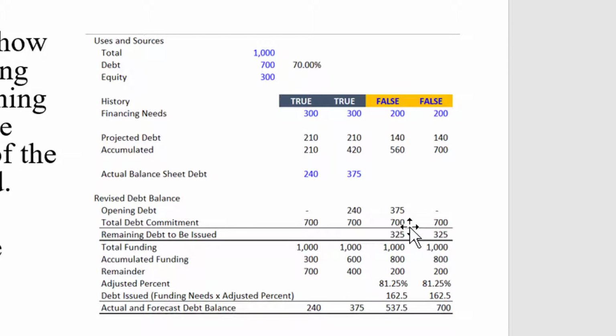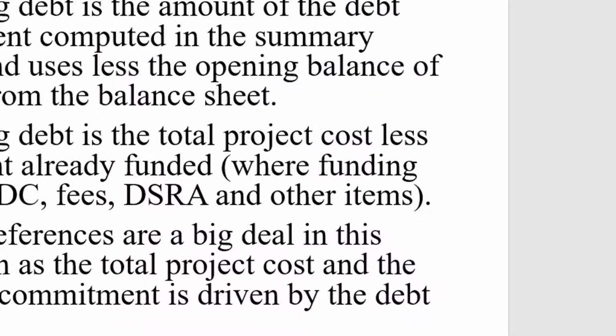So we see how much left of debt versus how much we left to spend. We're multiplying this by the amount of funding needs we have. This amount of funding we still have left to go, and we get 700 of debt. You add the actual debt plus the funded debt in this period, 81% times this, and that. So you had those.